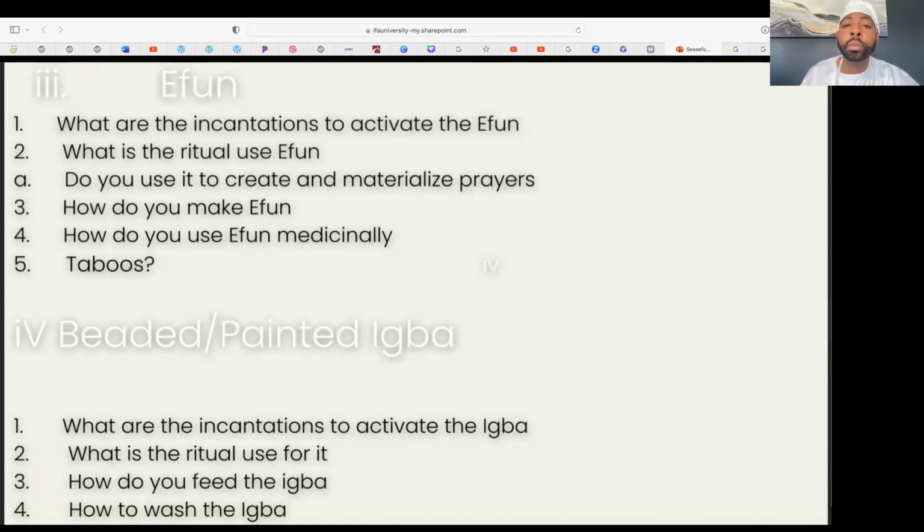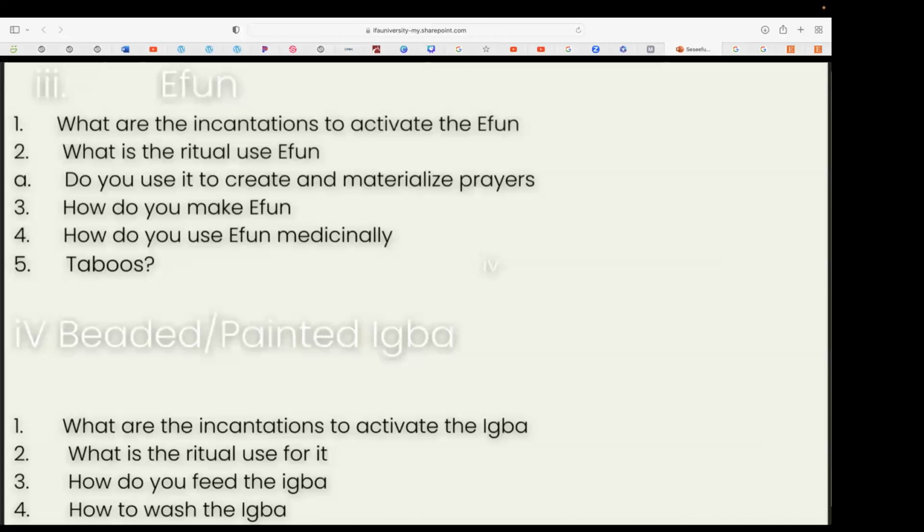Because the inner part won't have anything like cloth decorating it. Understand? So it's only the Omiero which you are going to add inside the Igba, not at the back of the Igba. And for people who don't paint the Igba, they wash both in and outside.